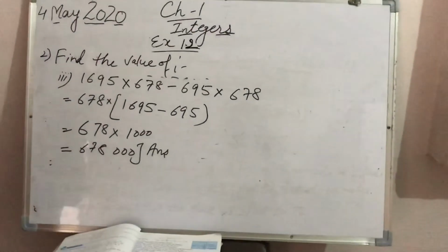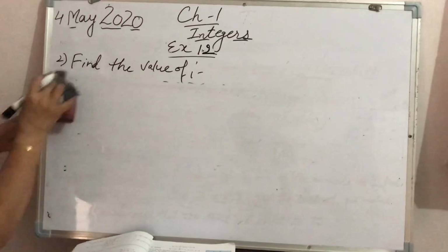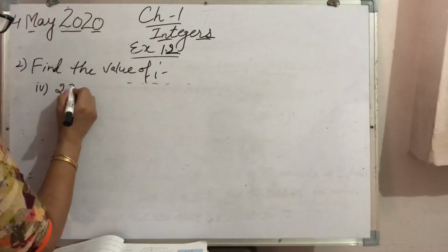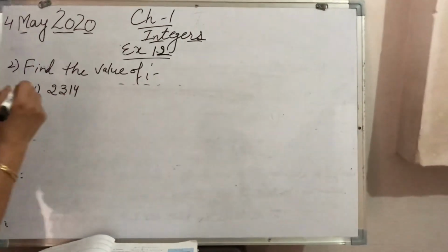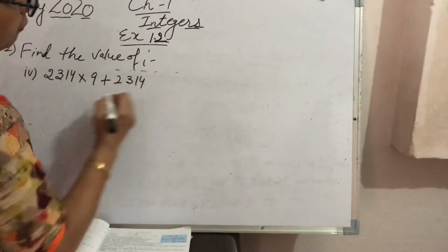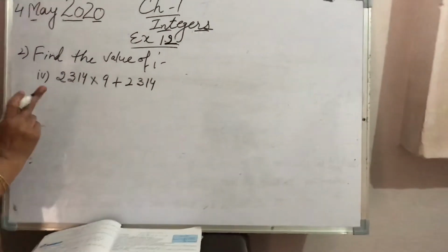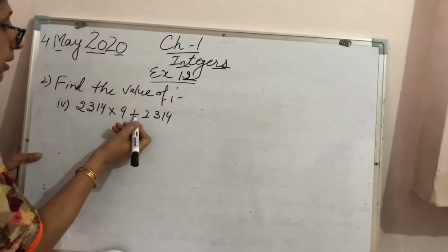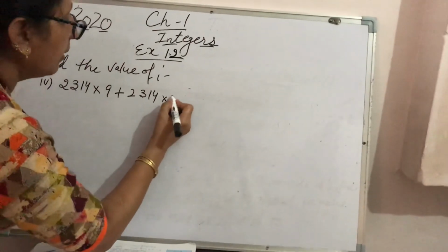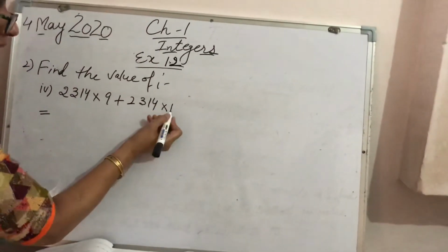Then the fourth part of the same question, 2314 multiplied by 9 plus 2314. In this question, we'll use the distributive property, but still one digit is missing. You can use 1 as a product. Just for convenience, we'll multiply by 1.